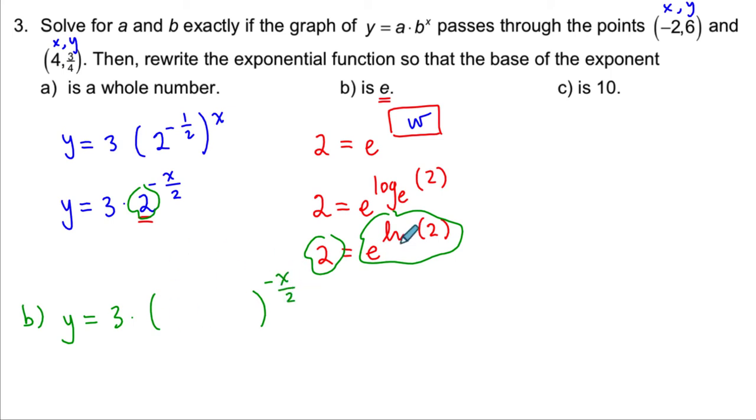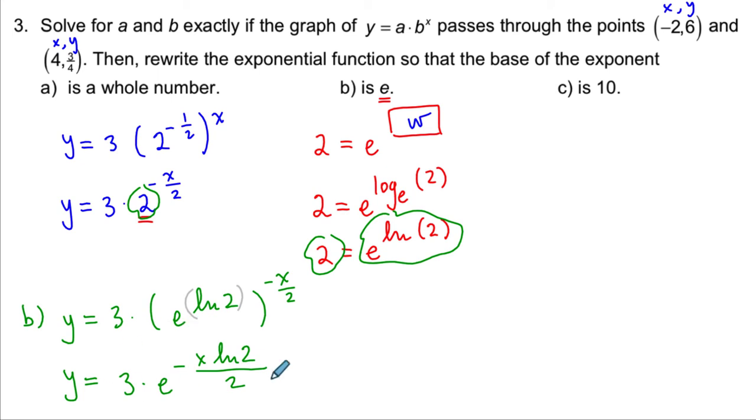And the something is going to be e to the ln of 2. Well, again, we have some exponents, and we can join these by multiplication and get rid of these round brackets. So we would get y equals 3 times e to the negative x ln 2 divided by 2.